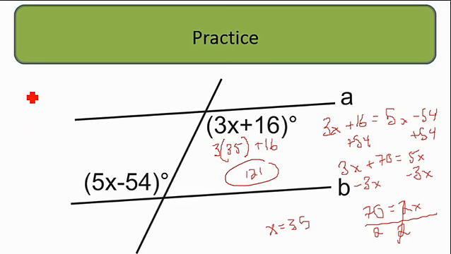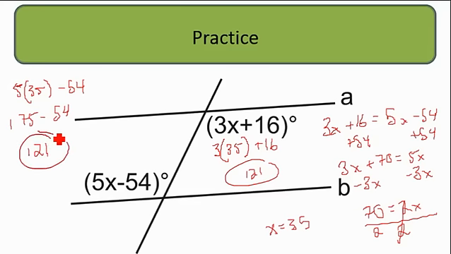If I substitute it into this angle on the left, 5 times 35 minus 54, I get 175 minus 54, which equals 121 degrees.